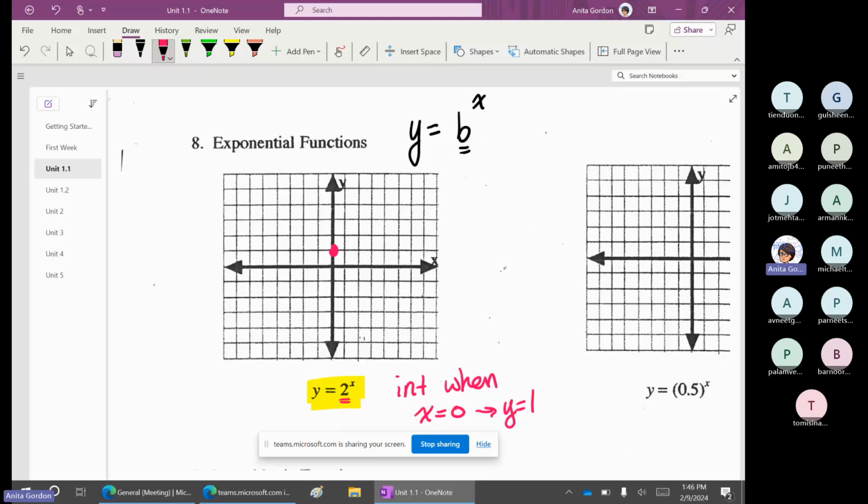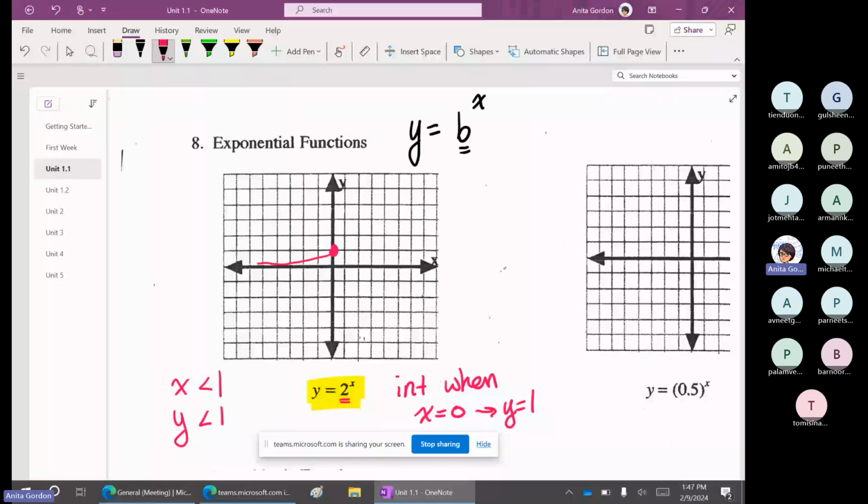What happens if x is a negative number? What happens to my y values? It gets smaller because it's the reciprocal, right? So if I have x less than 1, then I end up with y essentially less than 1. So I end up with very, very small numbers. They never touch 0 either.